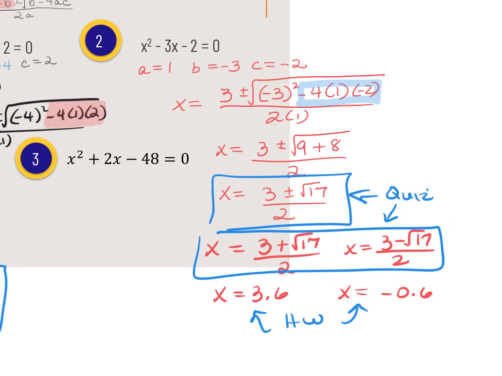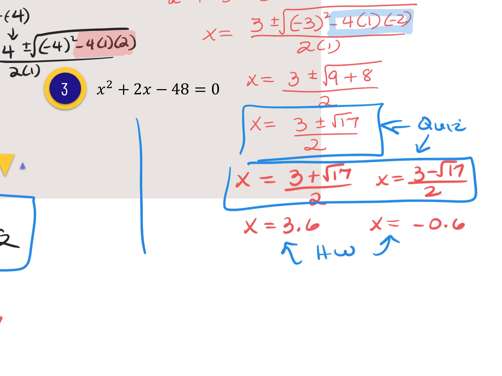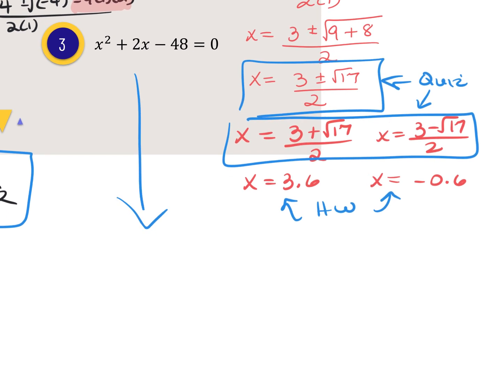Number 3, this one could actually be solved using factoring, and factoring would be faster. However, I'm going to show you the quadratic formula to show you that even a question that could be factored could be solved using the quadratic formula. So let me come in and bring this down. My A value is 1, my B value is 2, and C is -48.